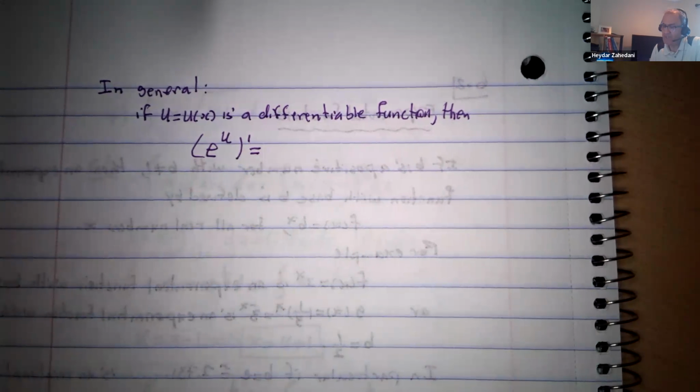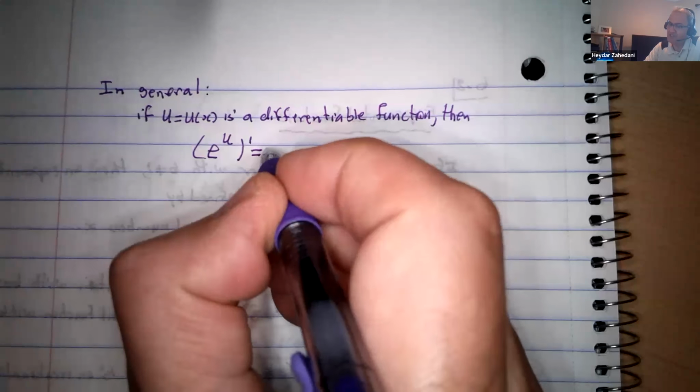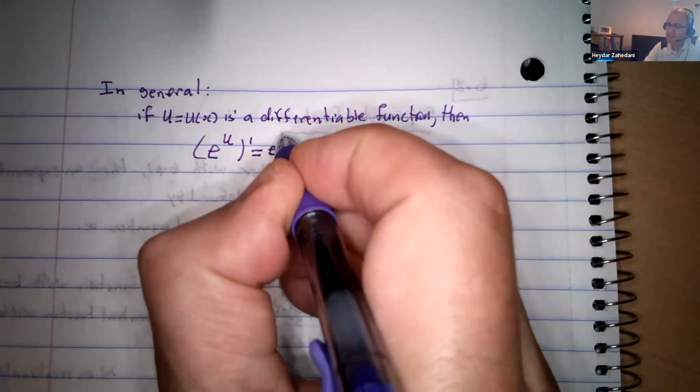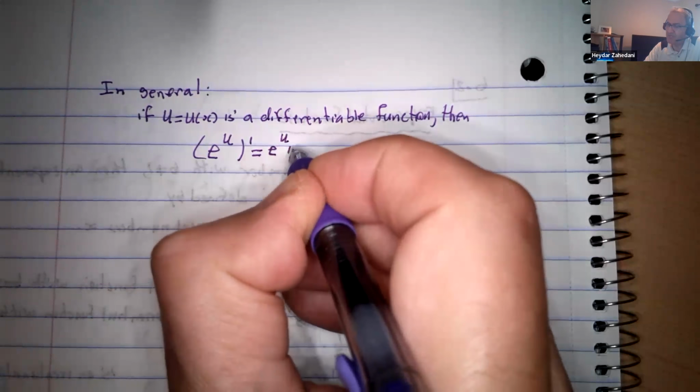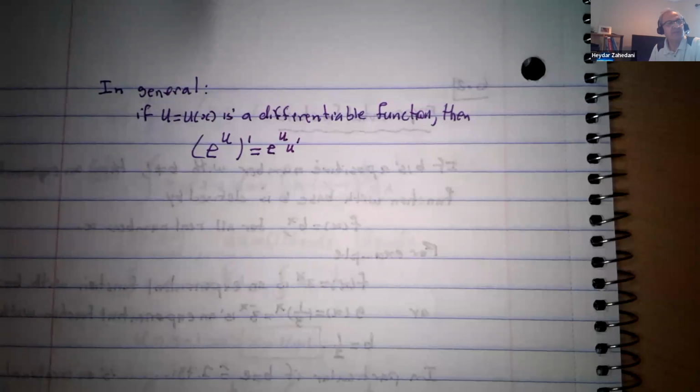Chain rule: the derivative of the e function is the e function, multiplied by the derivative of u, which is u prime. So the derivative of e to the u is e to the u times u prime.